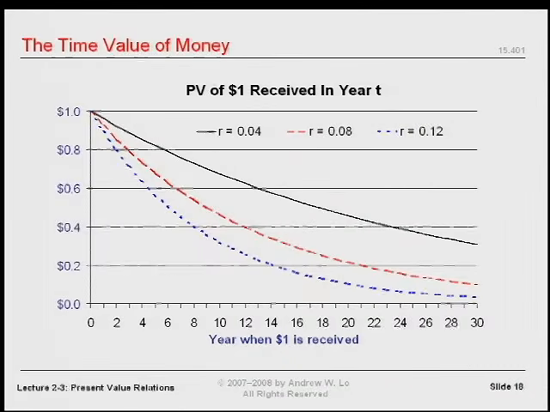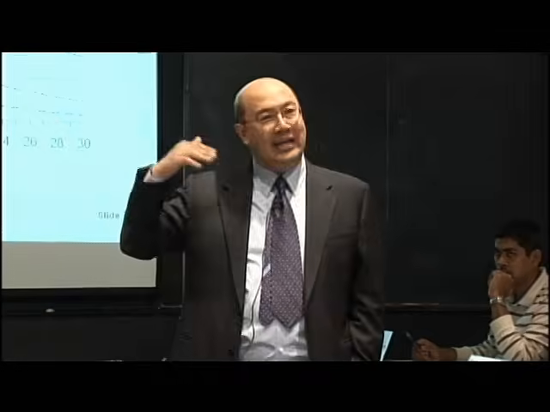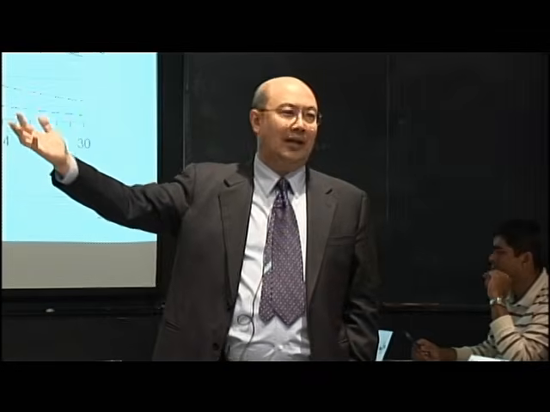And if you graph the present value of a dollar over time, you'll notice that as time goes out farther, the present value of a dollar declines, not surprisingly. A dollar today is worth more than a dollar tomorrow, but a dollar tomorrow is worth more than a dollar 2 years from now, and a dollar 2 years from now is worth much more than a dollar an infinite number of years from now, right?